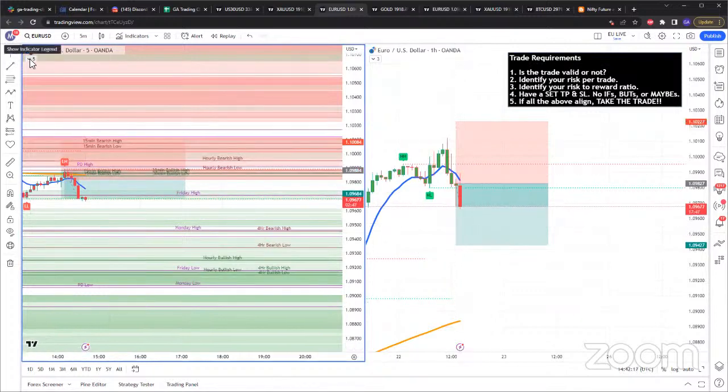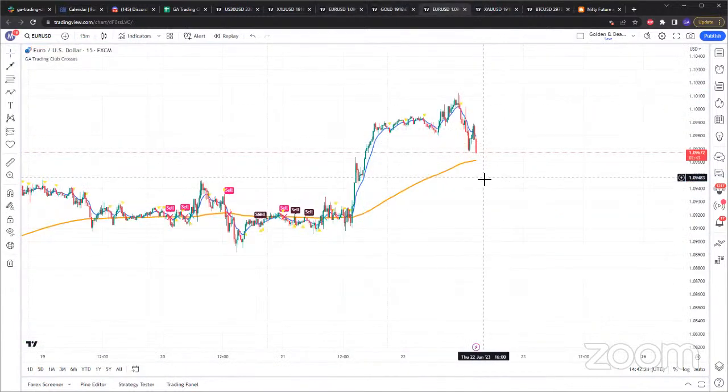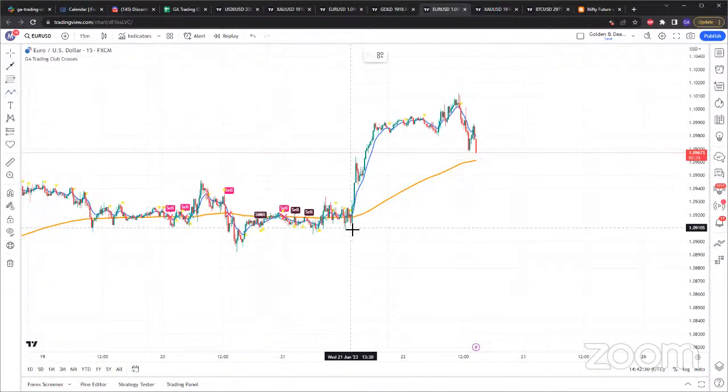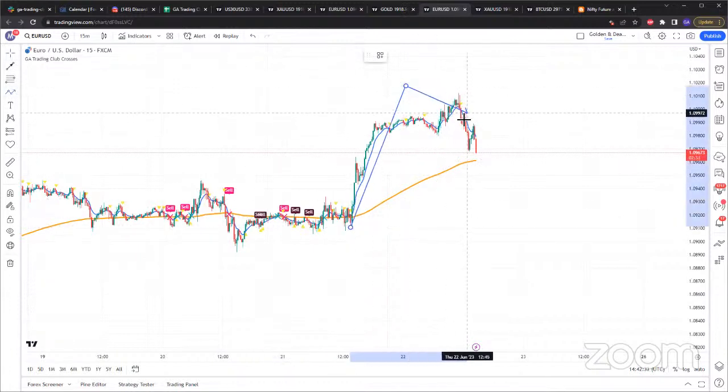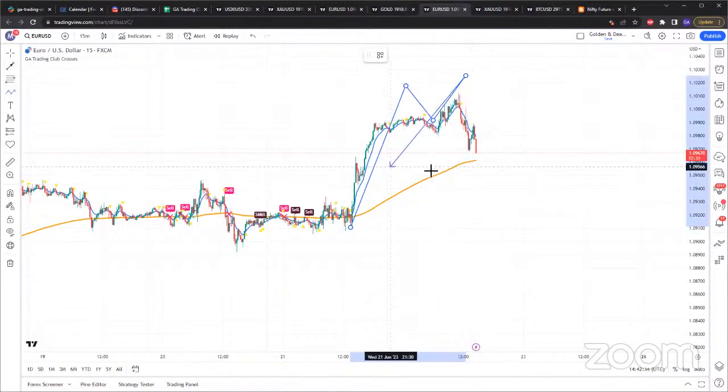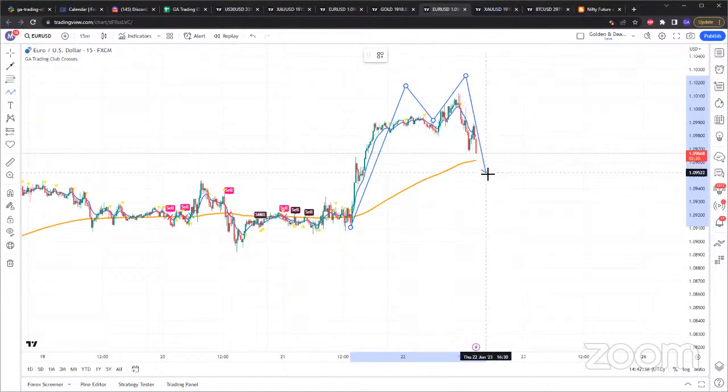To me, for this one, the hourly, let's see the area where we would get that cross. The area where we would get that cross is about 1.09445. And we do have the structure. You see the structure to the upside, we would be taking this sell below 50% of this structure.